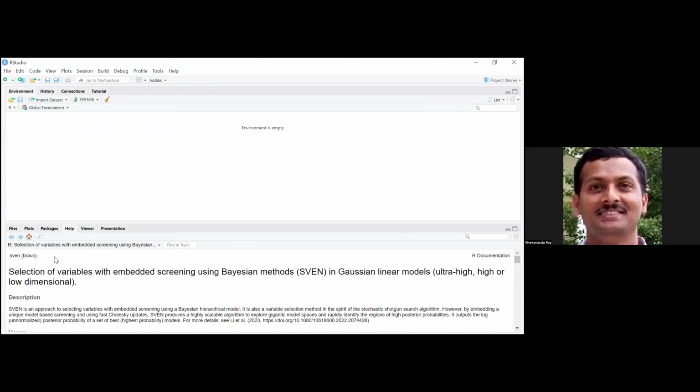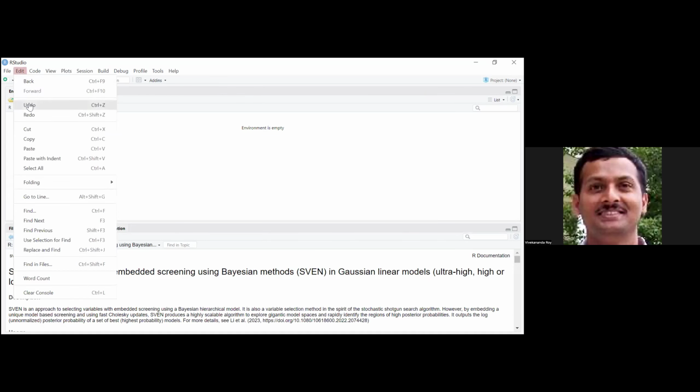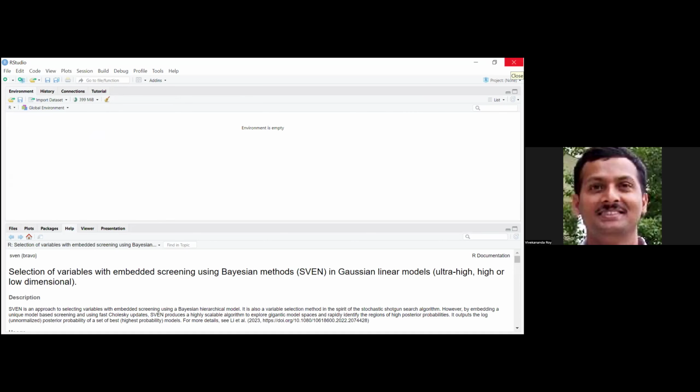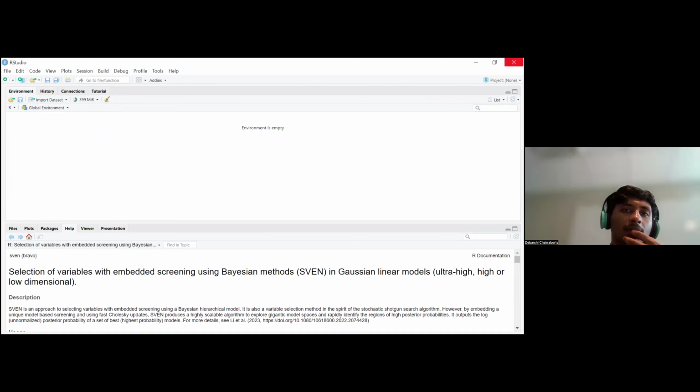I don't think so. But I don't think you can use the base crossprod here because it's a sparse matrix. It's a dgCMatrix. Because in the code we wrote, we used the crossprod of the Matrix package.